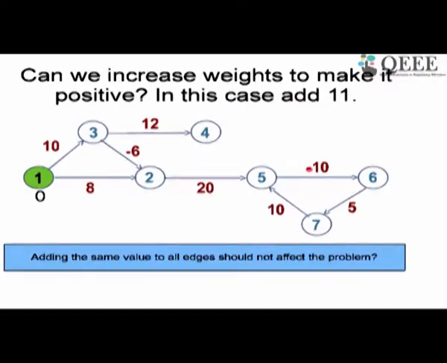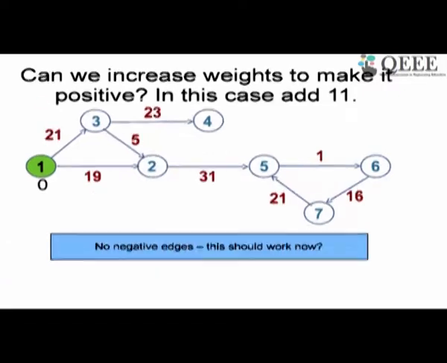I could have added 10, for example, and then this would have become 0. I can add 11, I can add 12, any number so long as all the weights become positive. Since the least number here is minus 10, I added 11 so that it becomes 1 and becomes positive. But you can add any number so long as all the edges have positive weight.